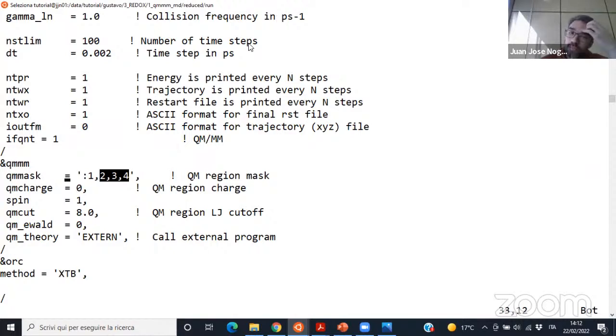Sure. Maybe he was asking about doing this along the dynamics, maybe including the solute and some solvent atoms in the QM region during the dynamics. If this was the question, then as you said, you can define not explicitly the molecule numbers you want to include in the QM region, but a cutoff.